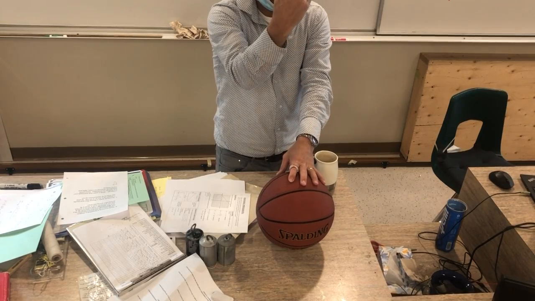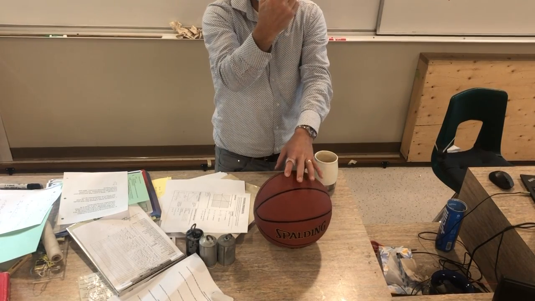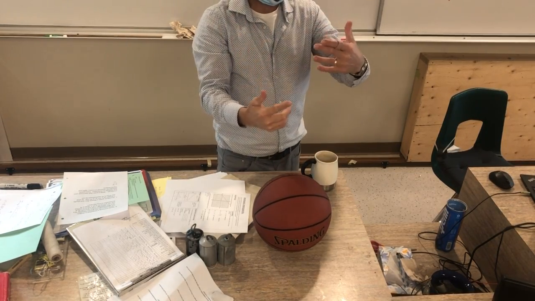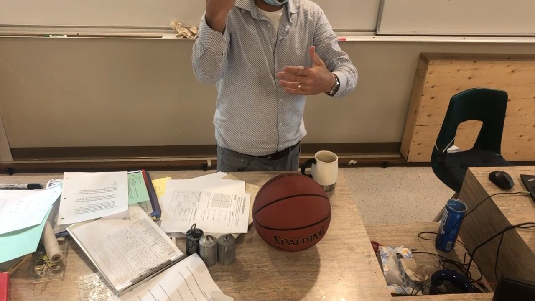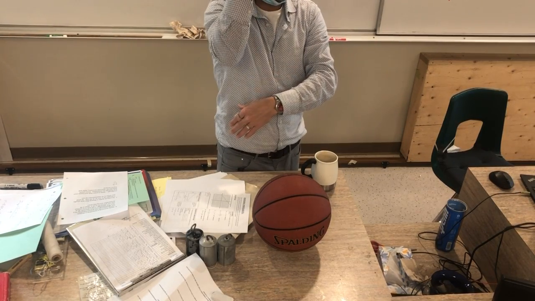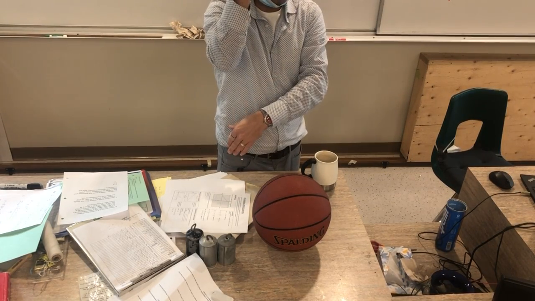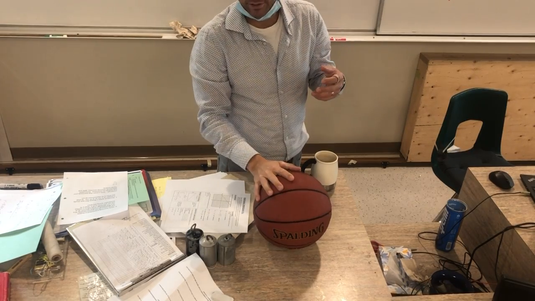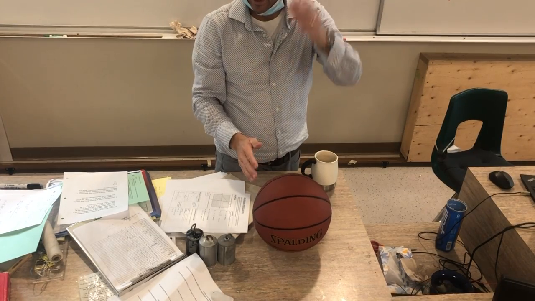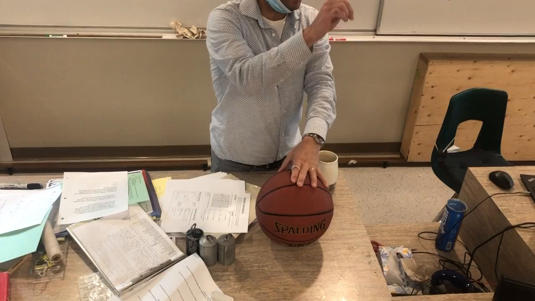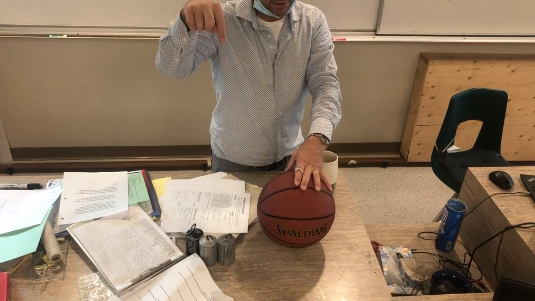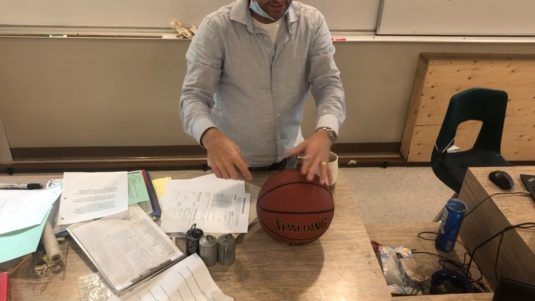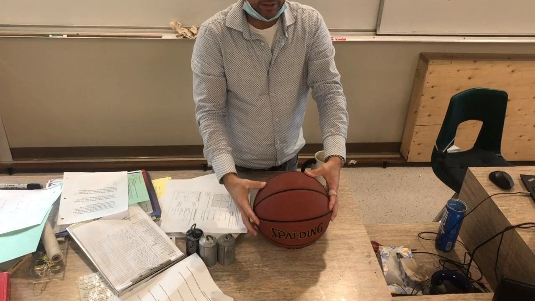Up. So you have to decide whether up is positive and down is negative, or if up is negative and down is positive. Either way is fine. They just have to be opposite. The final velocity is up. The initial velocity is down. And that takes some amount of time.